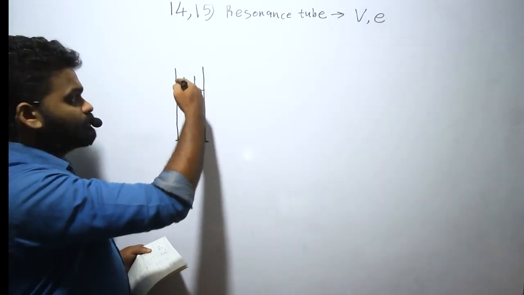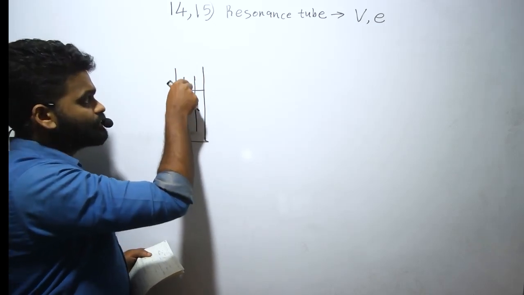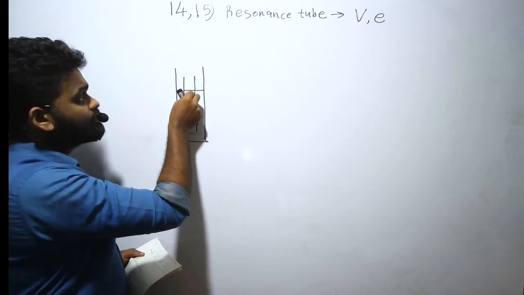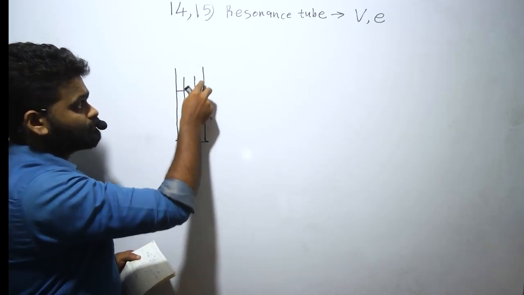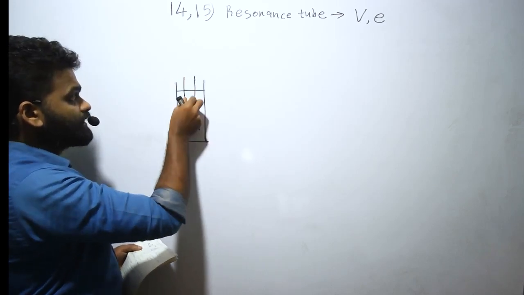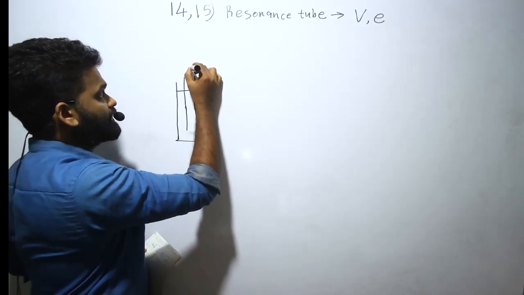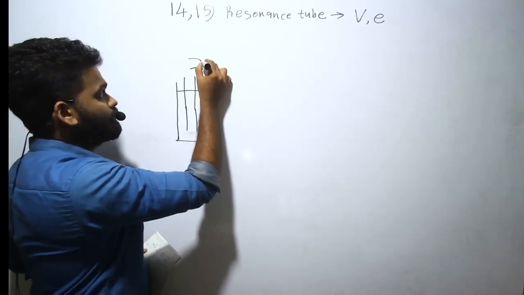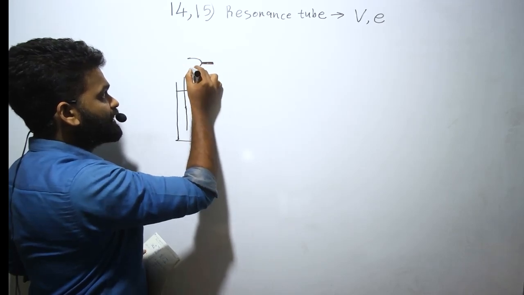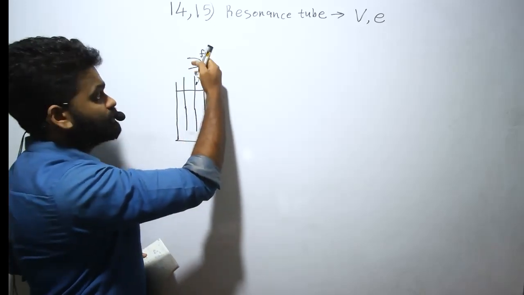When you start the experiment, you almost fully immerse this tube inside the water. Then you slightly lift this pipe while keeping a vibrating tuning fork above it, like this.